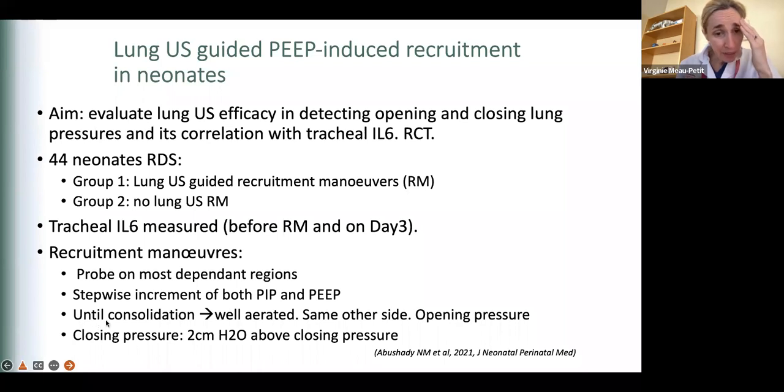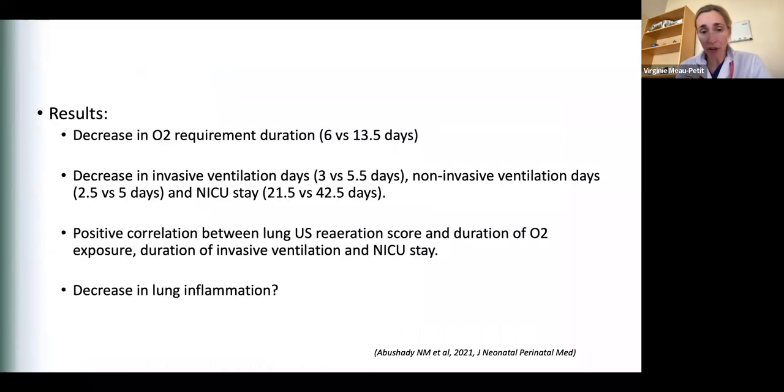And they kept the probe on the dependent region and continued to increase PIP and PEEP until the consolidation moved to a well-aerated zone. The same on the other side, and then they defined the closing pressure at 2 centimeters of water above the closing pressure.